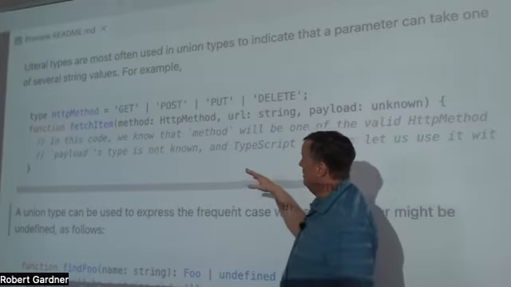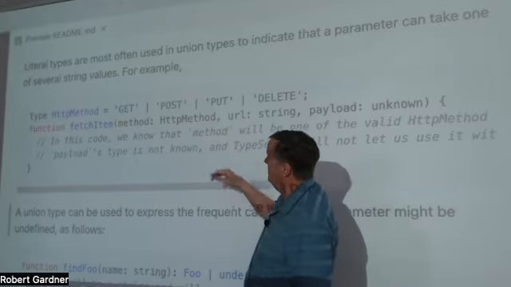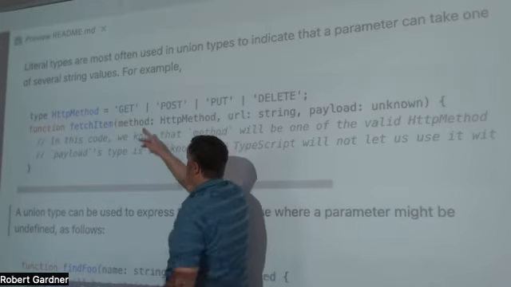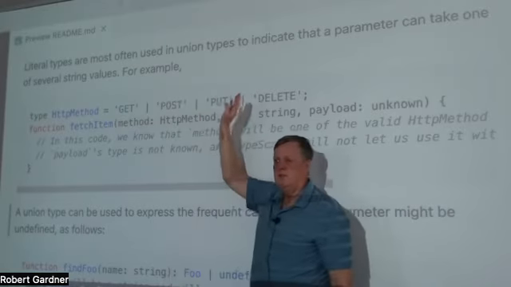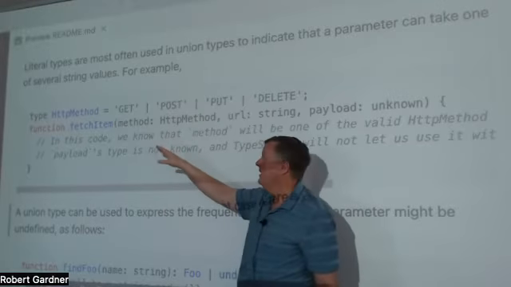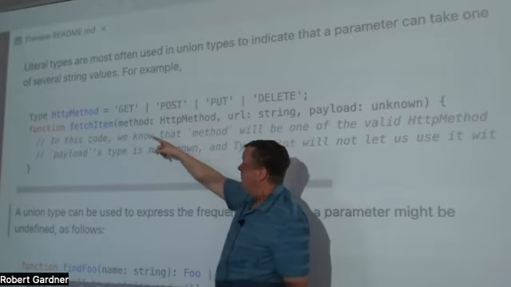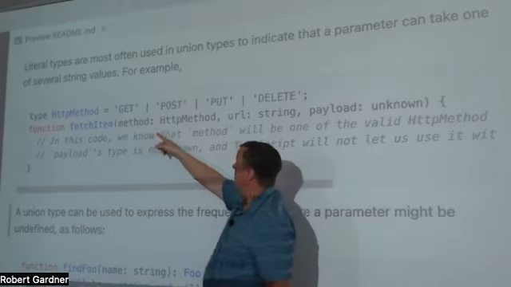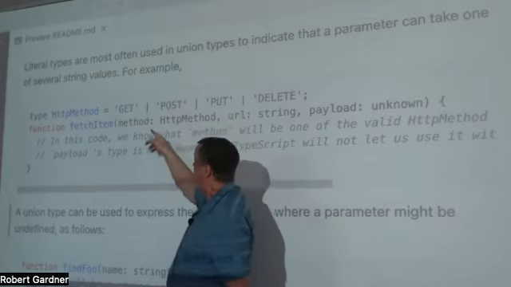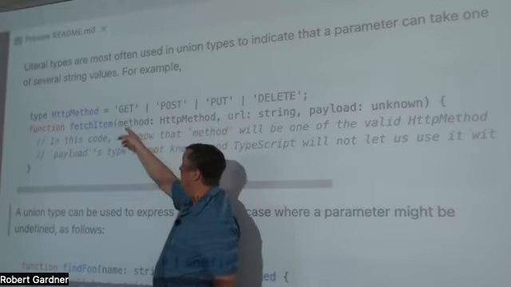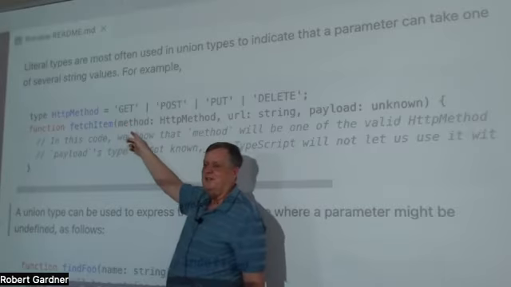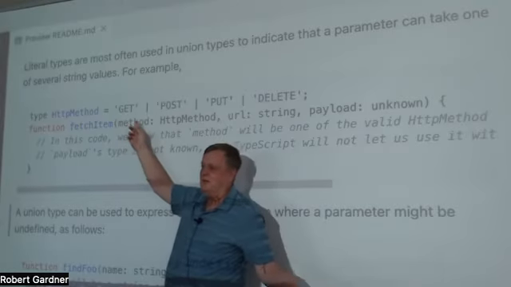So now, when I'm writing this code, I know without doubt that method is one of these four strings. I don't have to check it for anything else because I know it's going to be one of those strings. Otherwise, it would have got a compile error. If I try to call it with head, that's another method that's not declared here, I'll get a compile error and it won't let me do it.